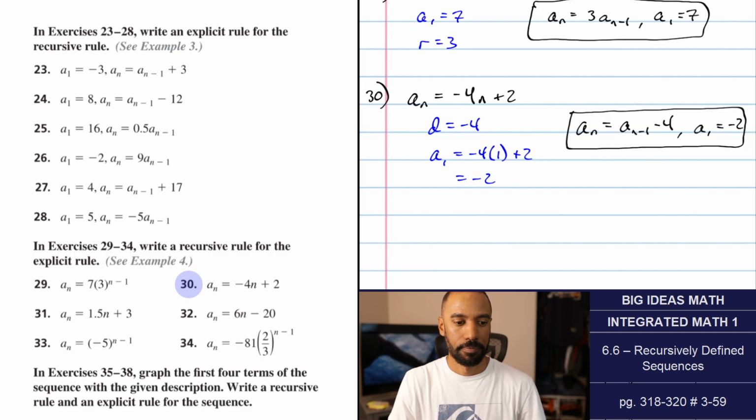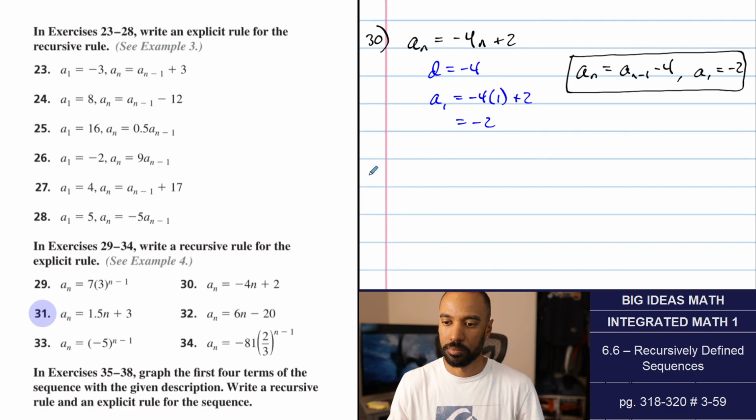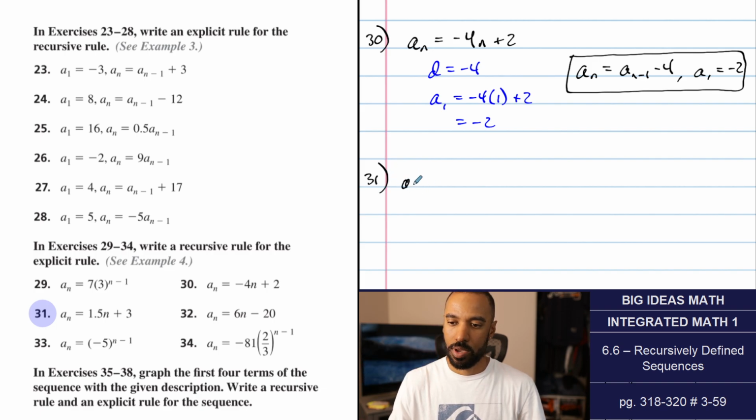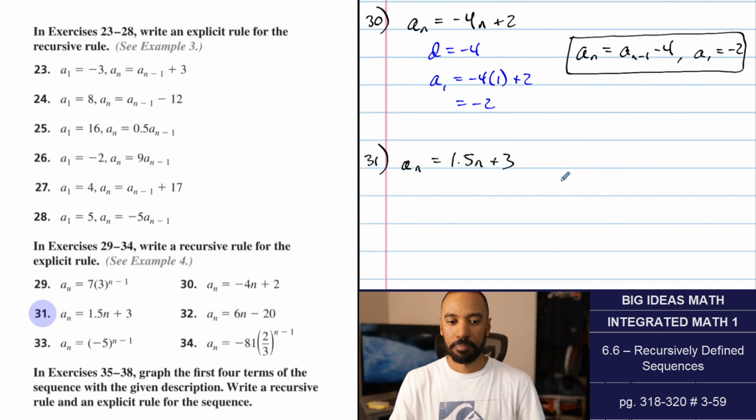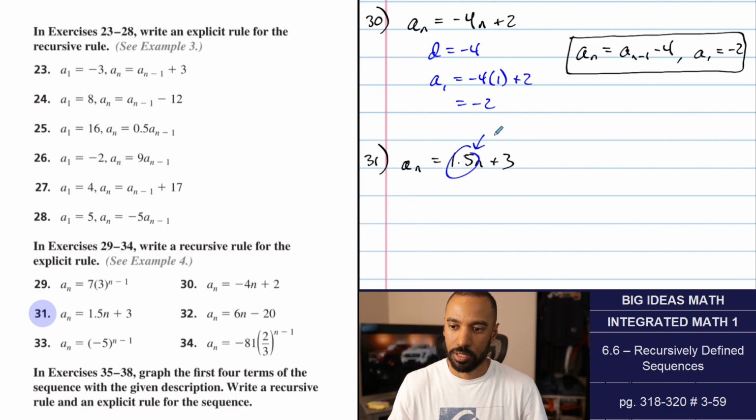Okay. Number 31 is once again an arithmetic sequence. We have a sub n equals 1.5 n plus 3. So this once again is your common difference. Now your a sub 1, you're doing 3 plus 1.5.